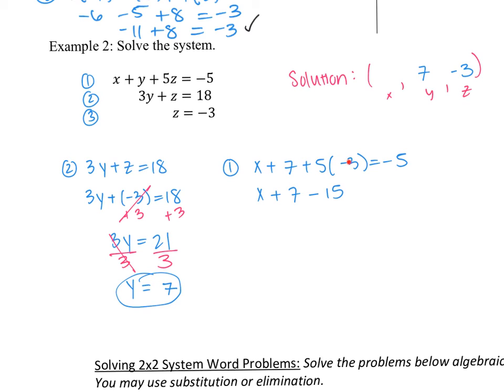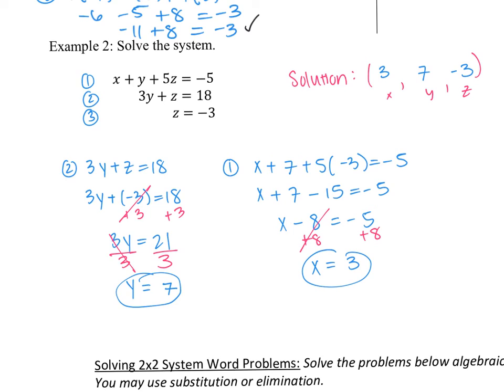If I multiply 5 and -3, I get minus 15. And so if I take these values and add them, I get negative 8. 7 minus 15 is -8. And so if I add 8 over, x is equal to +3, -5 plus 8 is +3.